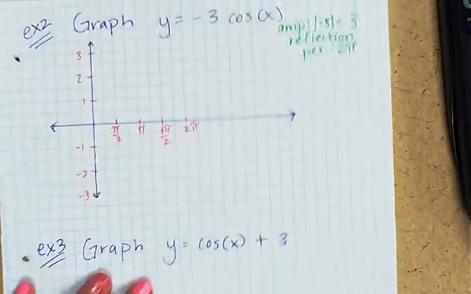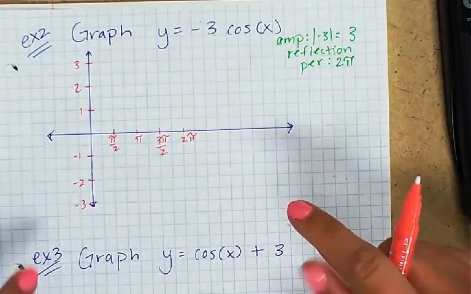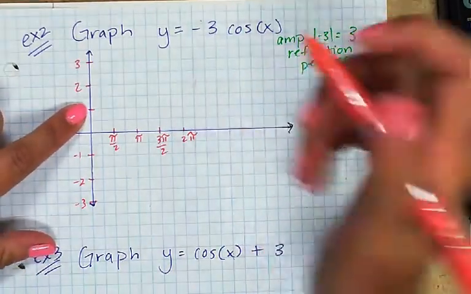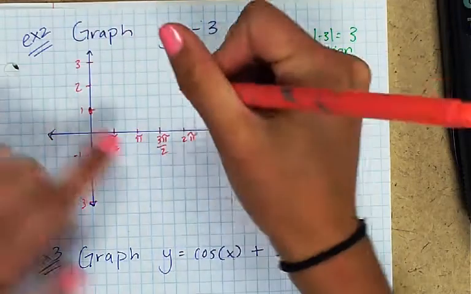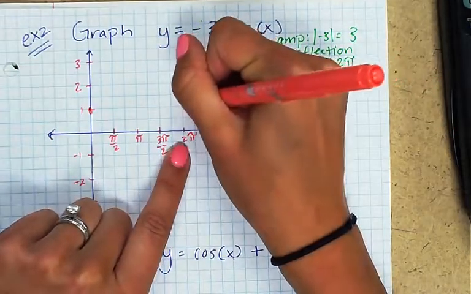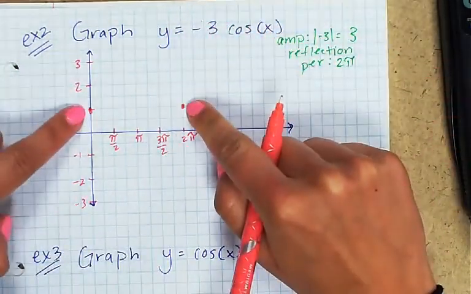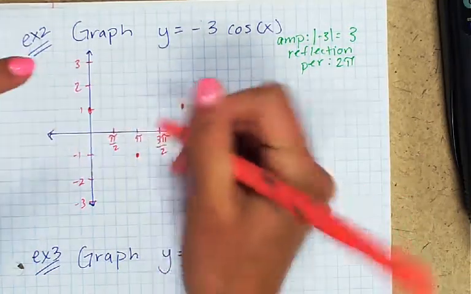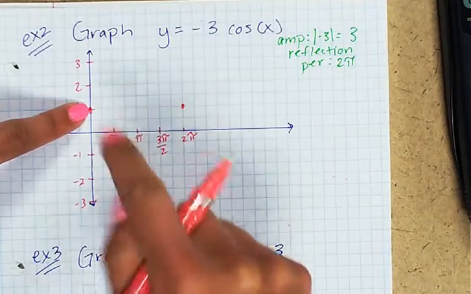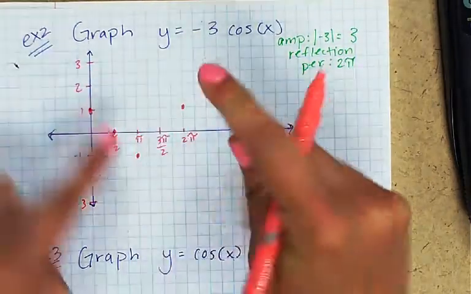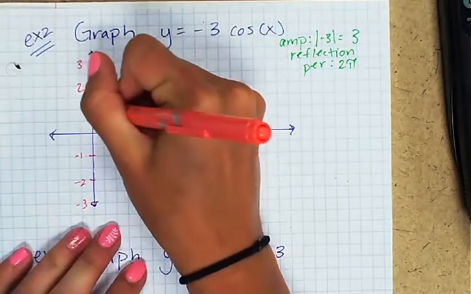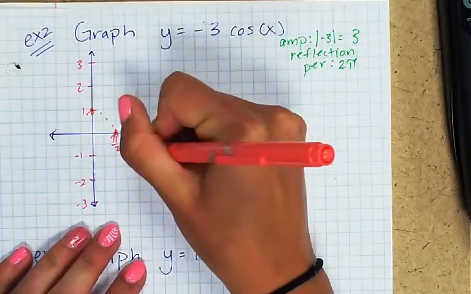Remember that cosine starts and ends at the maximum. So we're going to start at 1, and over at 2 pi, when our period ends, we're going to end at 1. Halfway in between our two maximums, we hit our minimum, -1. Halfway between a maximum and a minimum, you have to go across the x-axis. There are zeros there. Again, I'm just going to dash it because it's not my final answer.